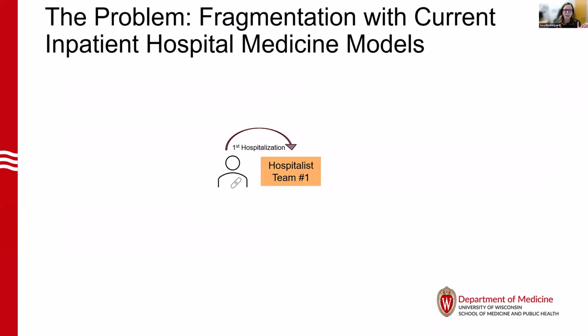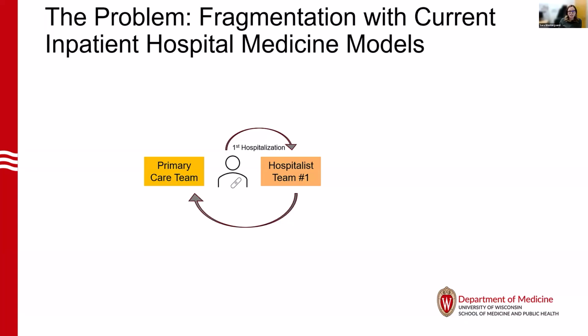Depending on when that patient is admitted during the week, because we come on service on a Tuesday through a Monday, if that patient is admitted on a Tuesday, they're likely going to have continuity with the same hospitalist throughout the week. But if they're admitted on a Sunday or Monday, there's going to be increased fragmentation as well. And this obviously also depends on how long a patient is admitted.